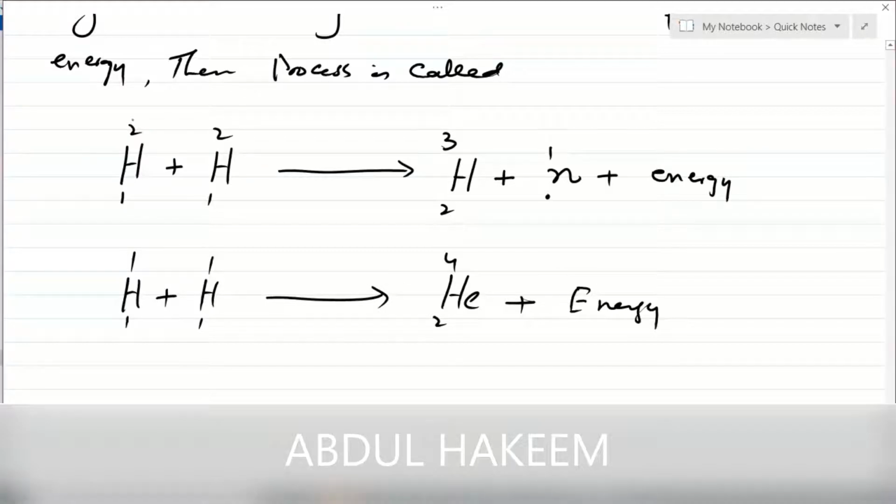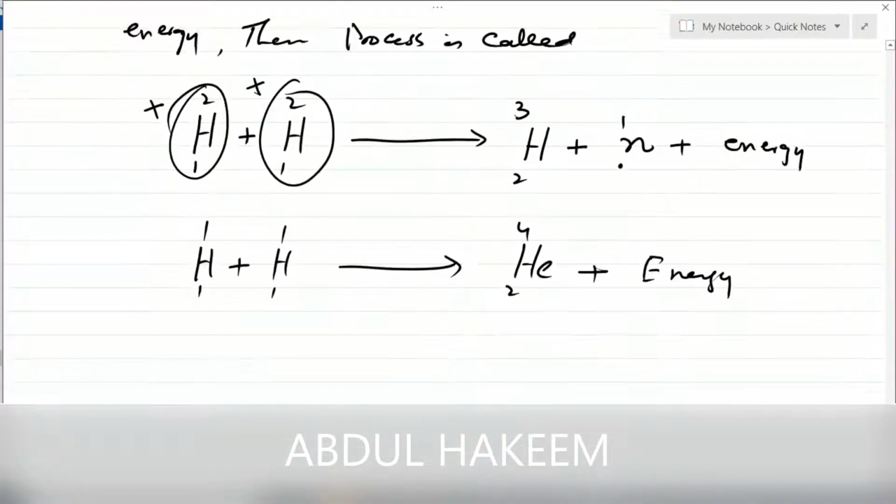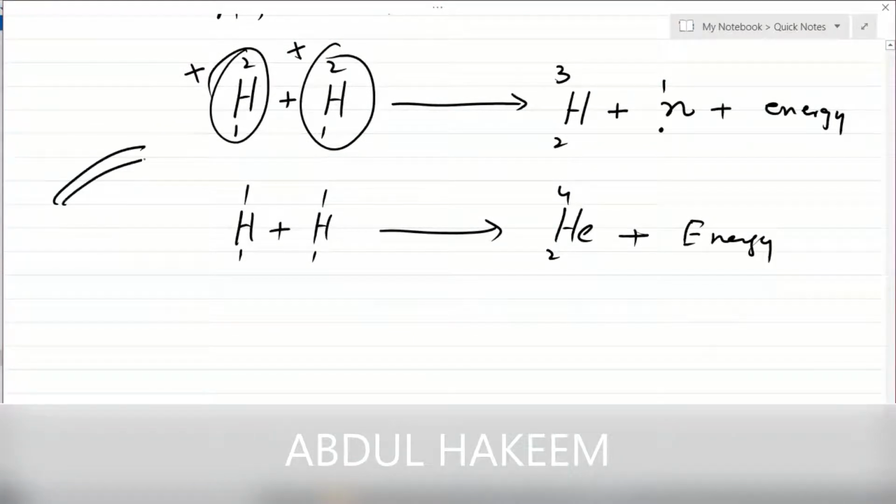Look, this hydrogen, both nuclei are positive. So initially, we have to supply some energy to conduct this nuclear fusion to overcome the repulsion. So this nuclear fusion is not the simple process. First of all, we have to provide some energy to overcome the repulsion between the two hydrogen nuclei.